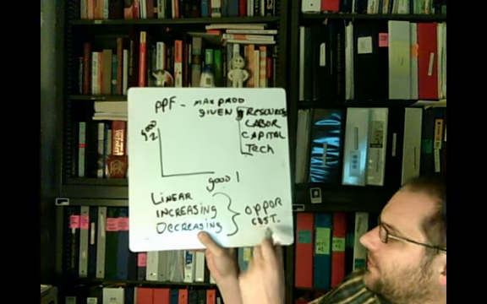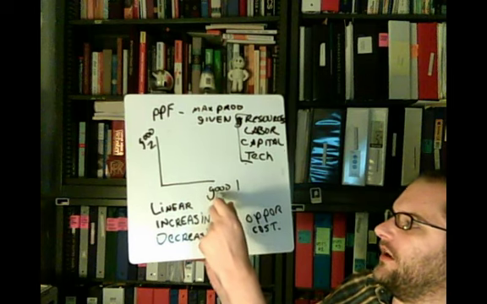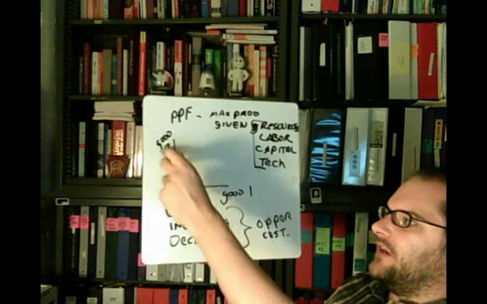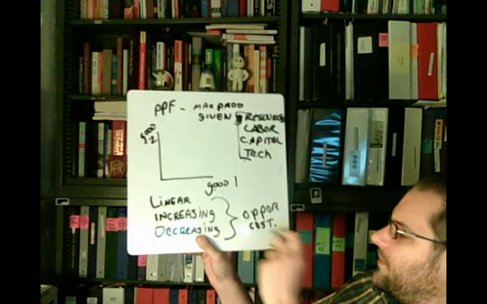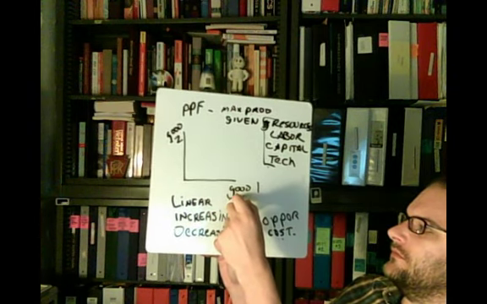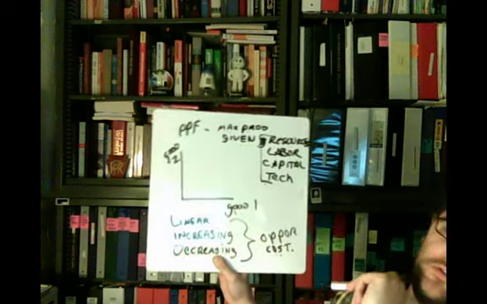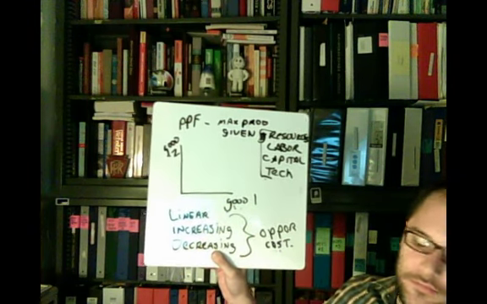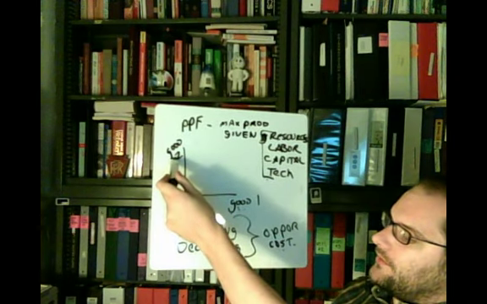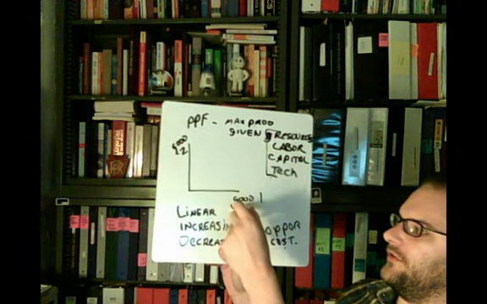How is the opportunity cost for good 1 changing as the quantity of good 2 changes? So the opportunity cost of good 1 is going to be less production of good 2. It's going to be what we sacrifice. To increase the production of good 2, we're going to have to sacrifice the production of good 1.